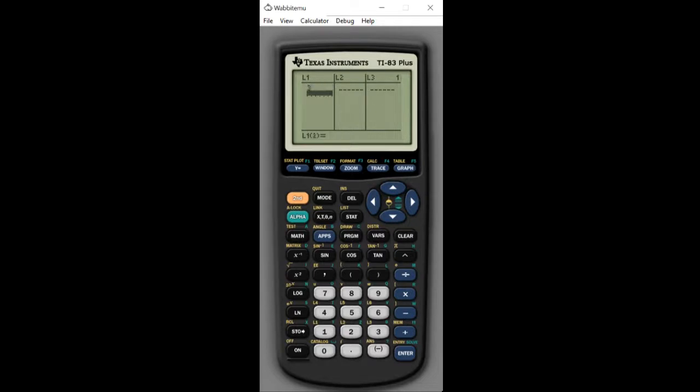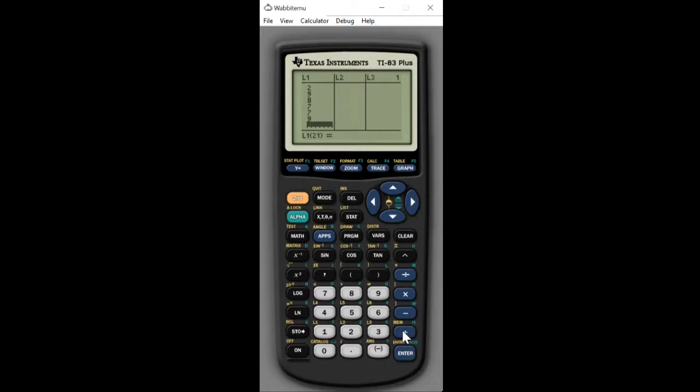The first number was 3, enter. 8, enter. 8 again, enter. 4, enter. 2, enter. 9, enter. 8, enter. 7, enter. 9, enter. 6, enter. 9, enter. 3, enter. 2, enter. 6, enter. 2, enter. 9, enter. 8, enter. 7, enter. 7, enter again. And finally 9, enter. Okay, so now I've got all my numbers here.